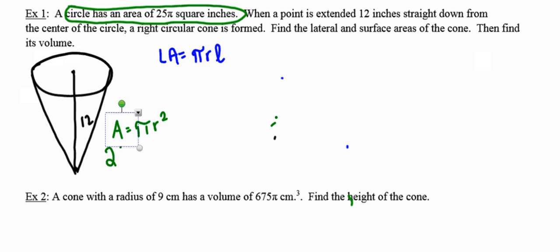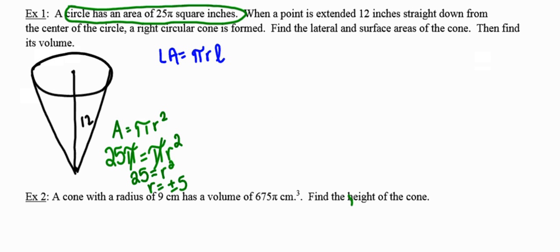So when I plug in 25 pi for the area, I end up with 25 pi equals pi times r squared, which means the radius squared is equal to 25, and the radius can either be plus or minus 5. Since we never talk about length in negative units, we're going to use 5 for the radius of our circle. So now that we know its radius, I'm going to go up here and label that in my picture, and I should have what I need to go ahead and determine the lateral area.